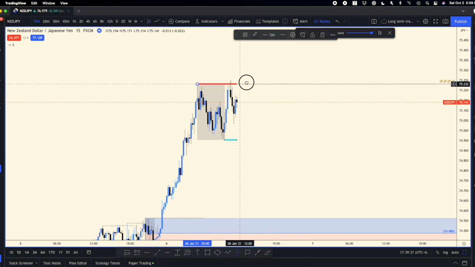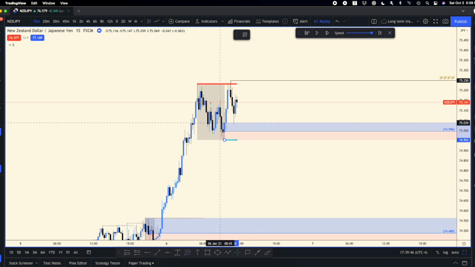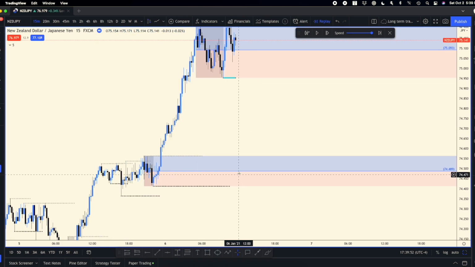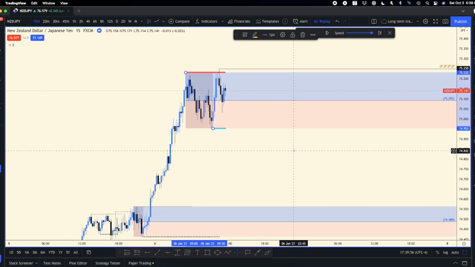So if you wanted to, you can get in. But I see too much demand, right? So I'm assuming it's going to come back down to this one. And if it doesn't, then I will miss out on this trade.